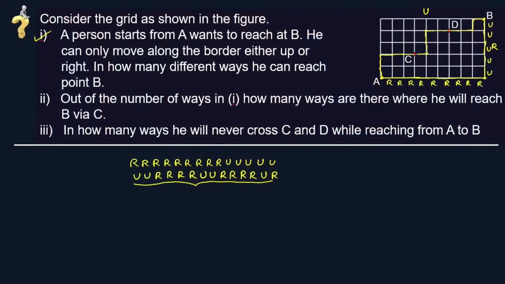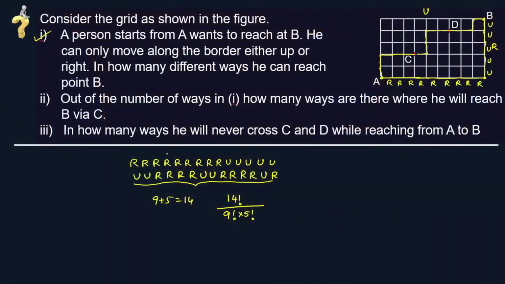So now this 9 plus 5, that is, there are 14 such total right and up movements. So they can arrange among themselves in factorial 14 divided by factorial 9 into factorial 5 different ways. Why? Because the 5 up movements and 9 right movements are identical.